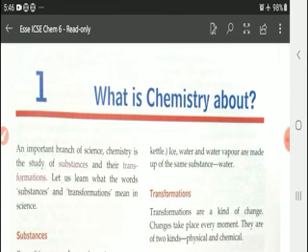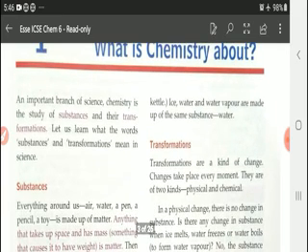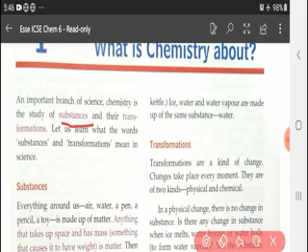An important branch of science is chemistry. Chemistry means the study of substances and their transformations. Here we got two important words, substances and transformations.